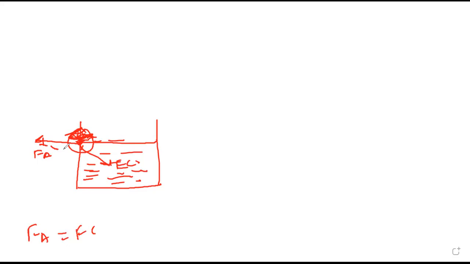If both are the same, where will be the resultant? In between. So the resultant of these two forces will lie along the wall of the container. Thus, for equilibrium, the surface becomes horizontal. Hence, the resultant makes 90 degrees with the surface. This is the property of that liquid: the surface will always be perpendicular to the resultant. Therefore, it becomes horizontal.